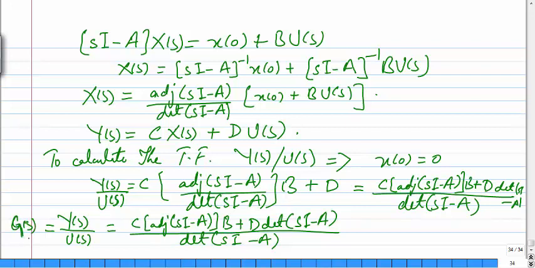normally represented by G(s), but the important point here is that we need to know the determinant denominator. When I put it equal to 0, it gives us the poles of the system. So determinant of (sI minus A) equal to 0 would actually give us the poles of the system.